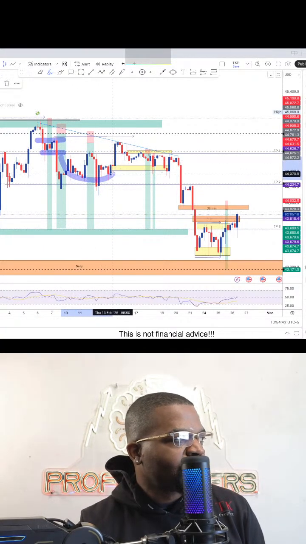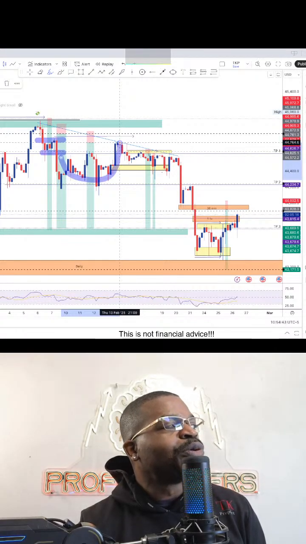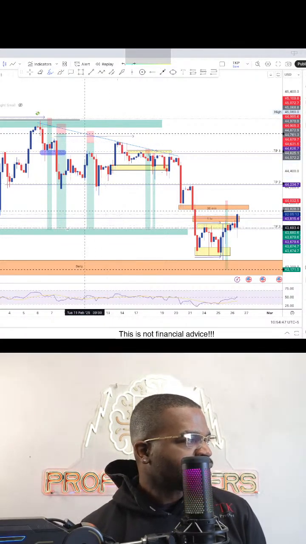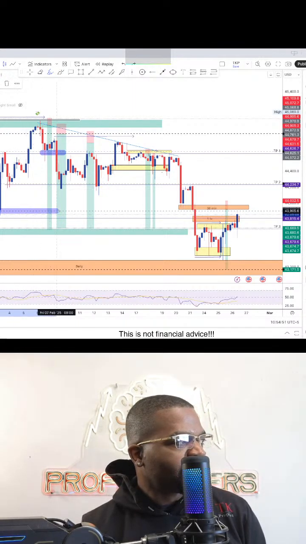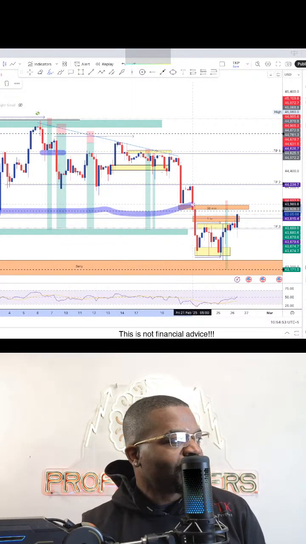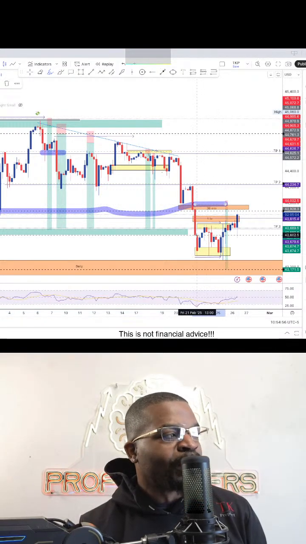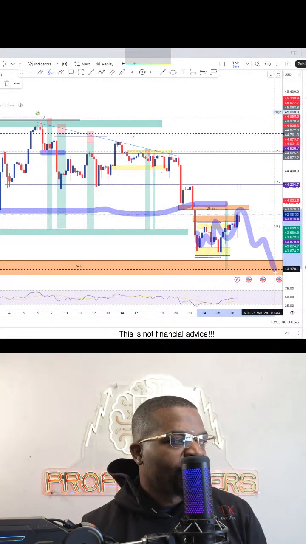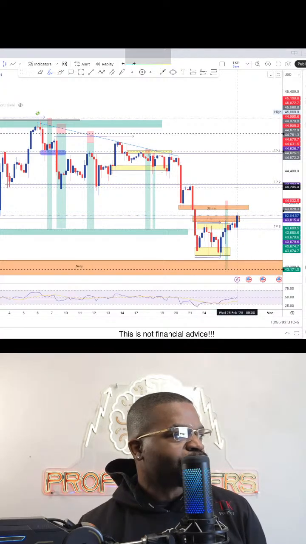After it was broken, here you go. Price pulled back again to retest that area. Okay? Now, in the market right here, these lows, really key level, what I'm looking for is the market to retest it before continuing the downtrend.